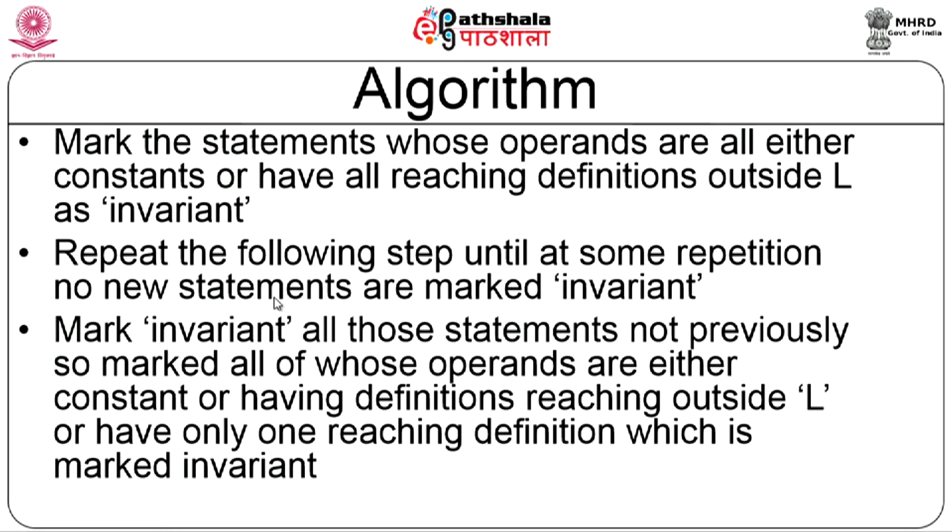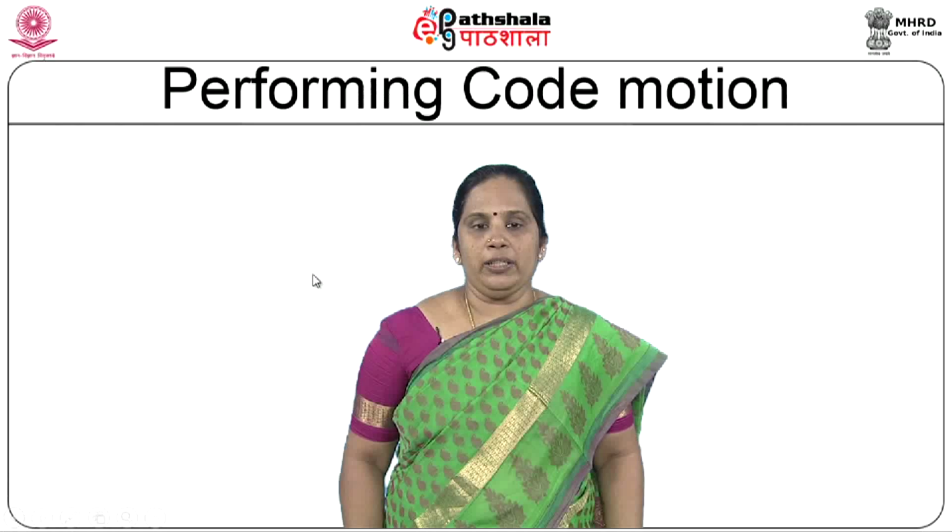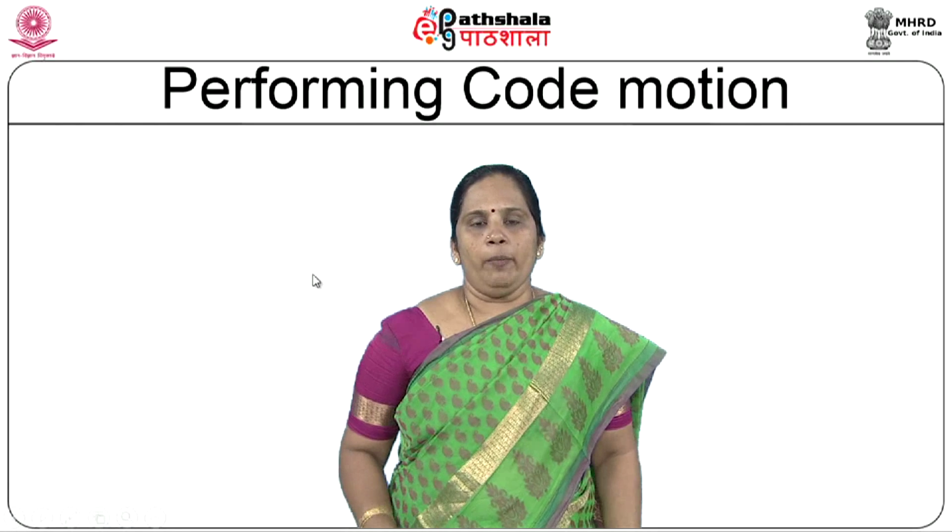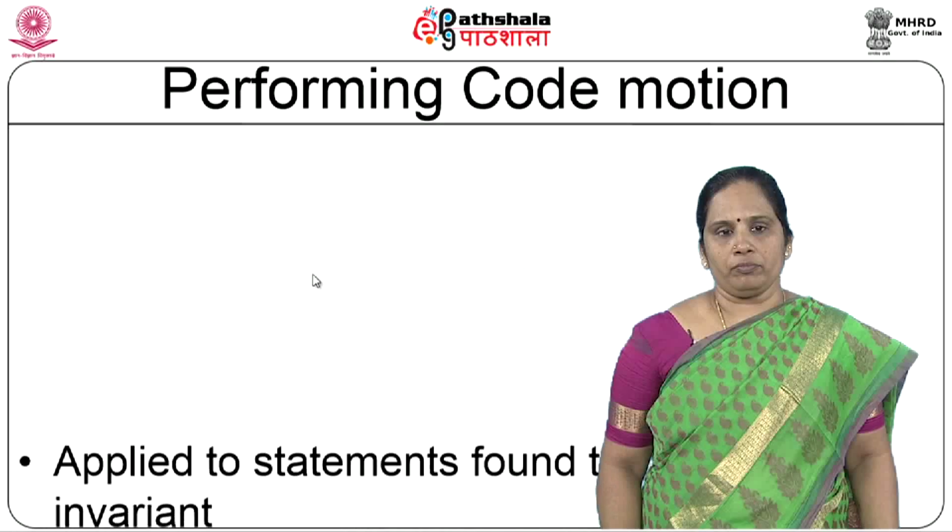Second thing is statements whose definitions will be to a point where the statements are already marked invariant is also an invariant statement, or again you can go as a repetitive job where I can say those statements which are also already marked invariant will also be invariant. Okay. So, these 2 steps are used to find out statements which are going to be invariant statements, and after that the job is now to perform code motion.